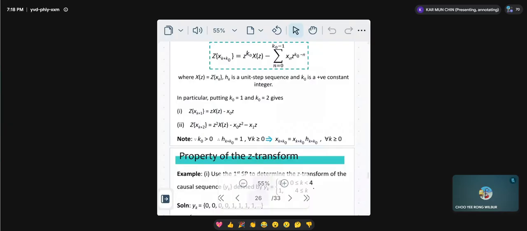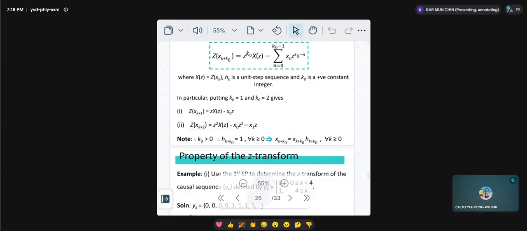If you have k plus 3 also, you should be able to list it up according to this pattern. It's the same concept as the Laplace transform, although it's not exactly the same. All right, so this one is for the Z transform.